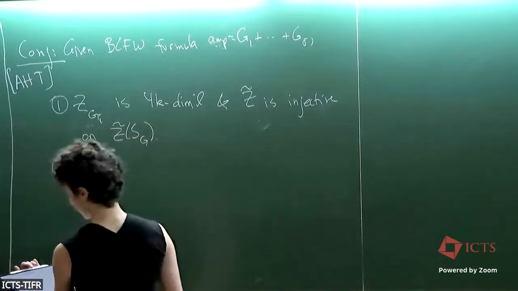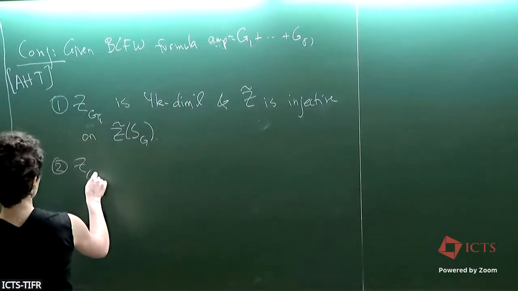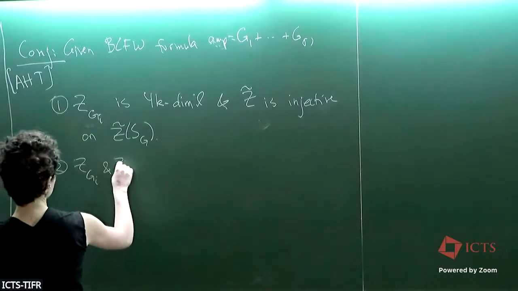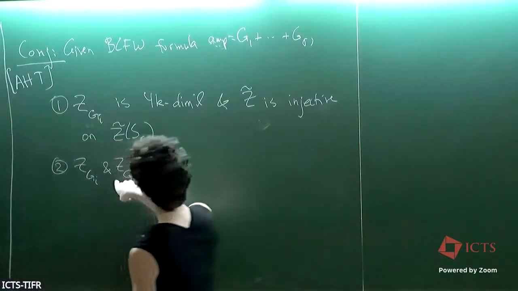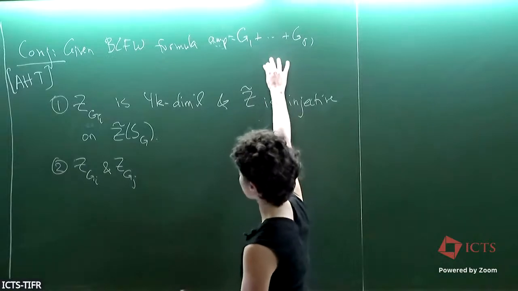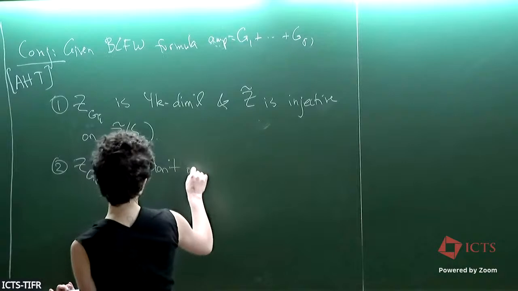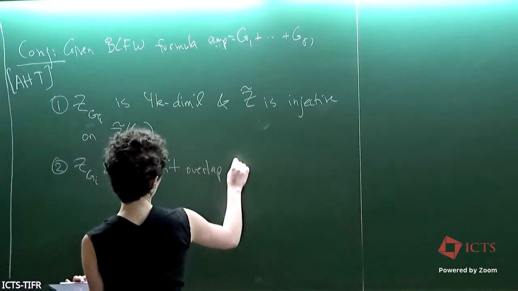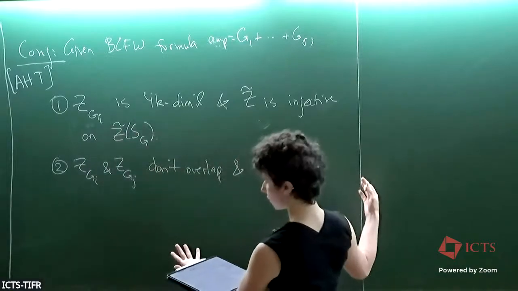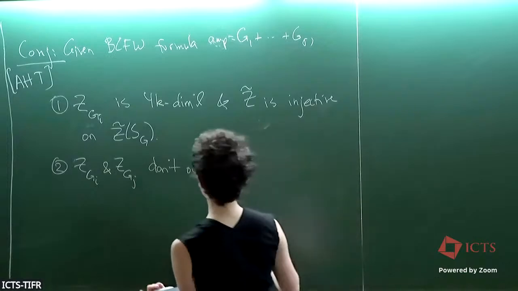And then the second part is that if I take two different ones of these positroid cell images, coming from these graphs, they don't overlap. And if I take the union of all of these positroid cell images, I cover the whole thing.